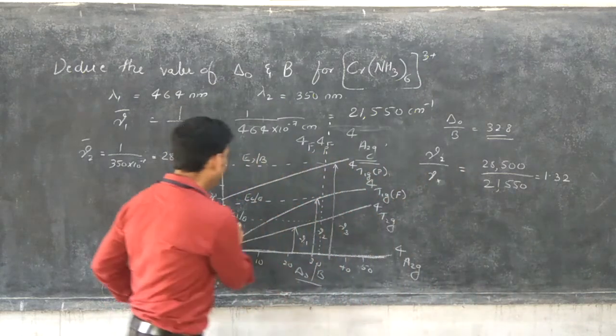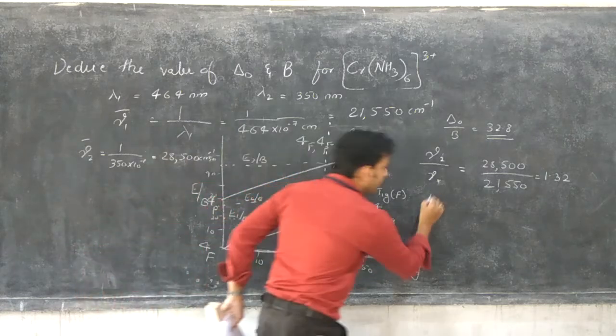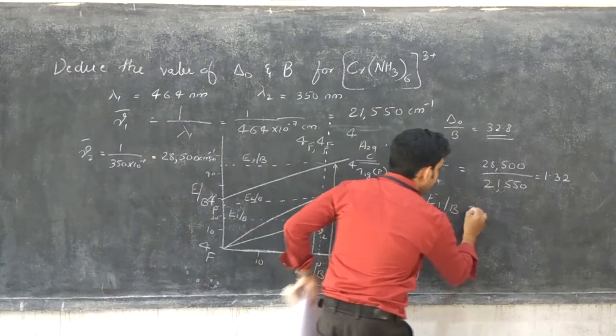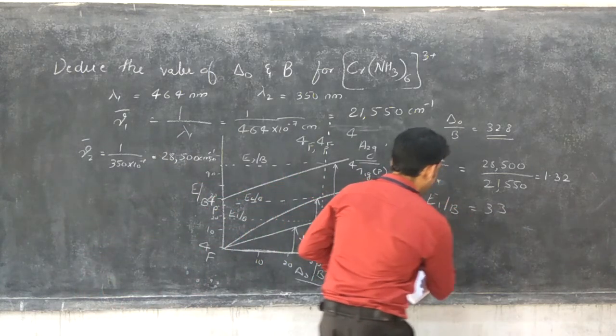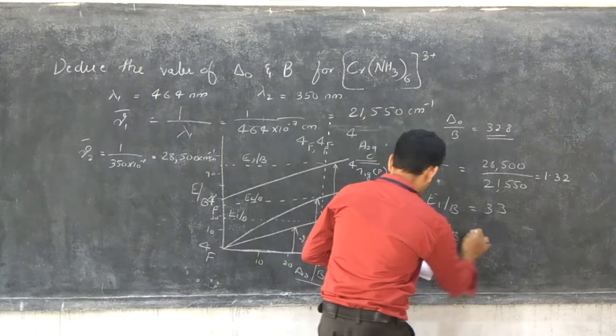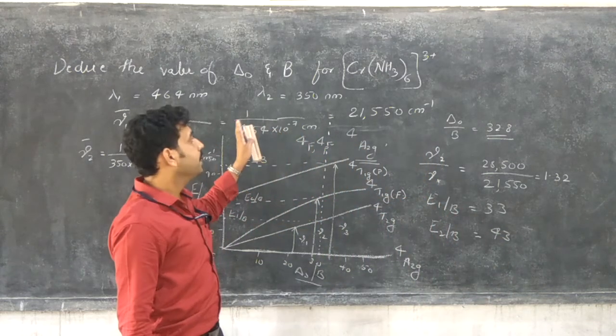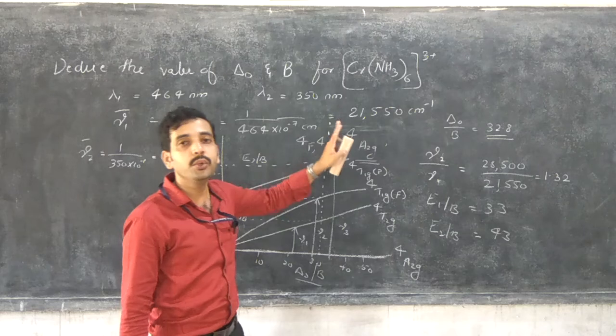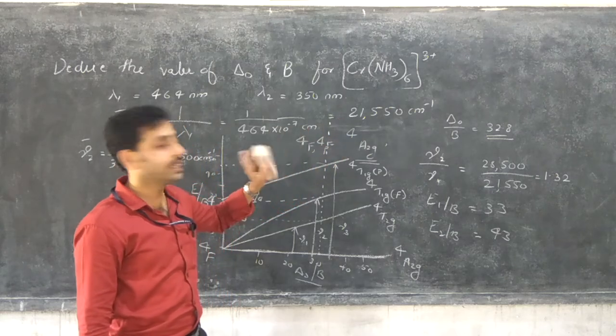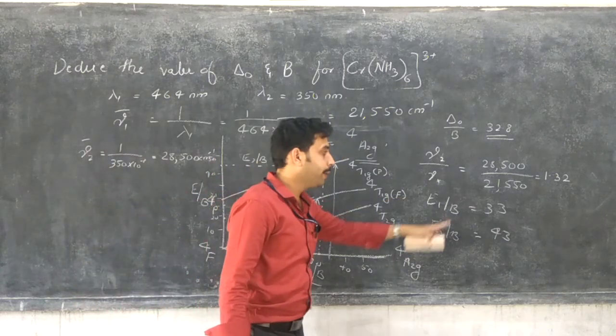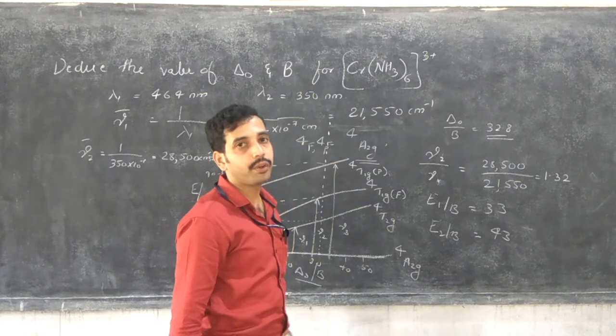E1 by B is equal to 33 and E2 by B is equal to 43. There is no nu 3 because the given data has only nu 1 and nu 2, or lambda 1 and lambda 2. That's why E1 by B is 33 and E2 by B is 43.